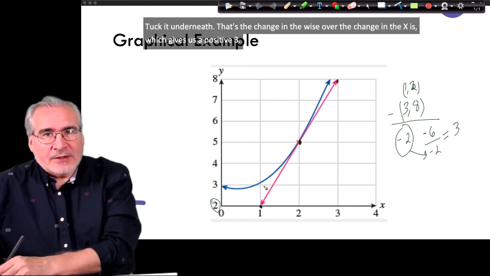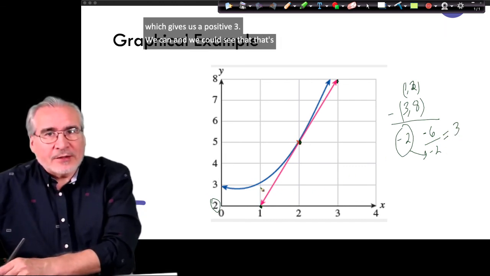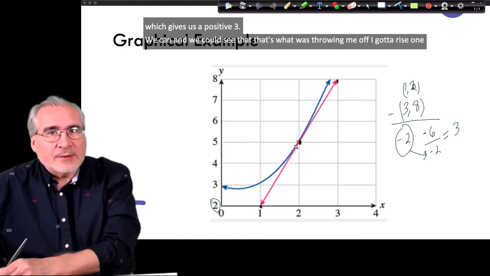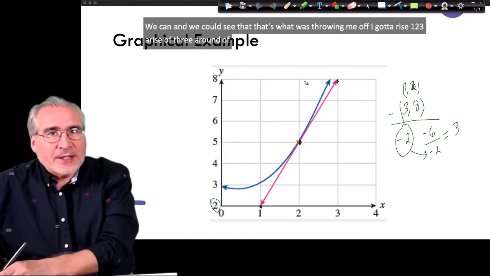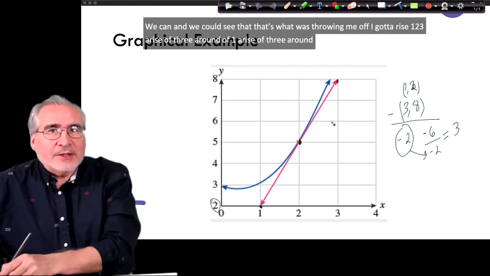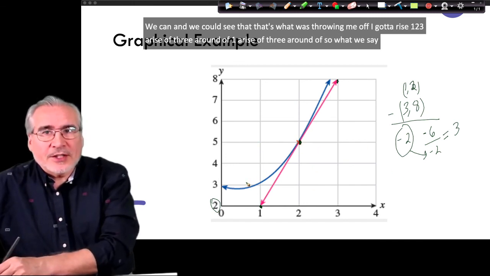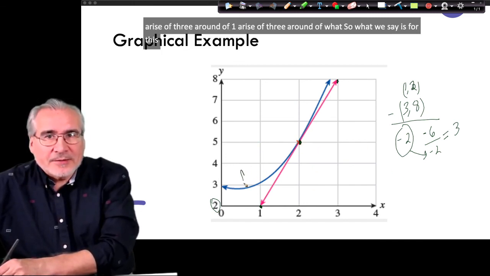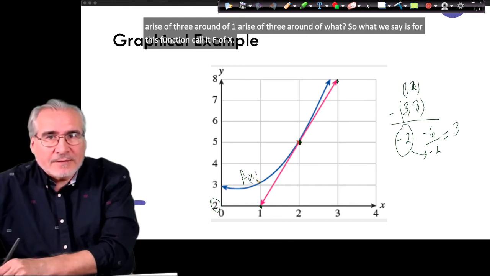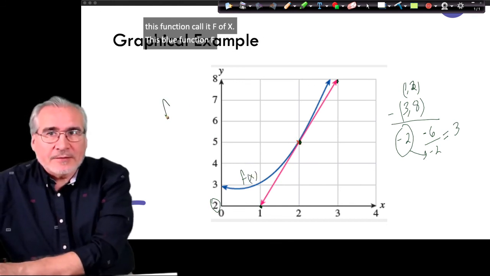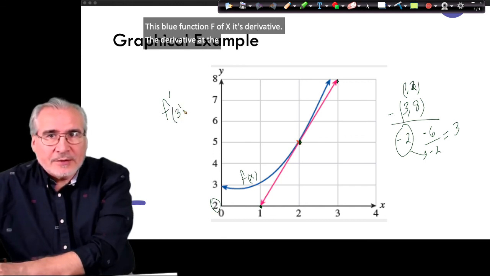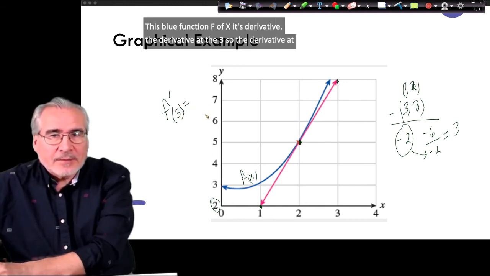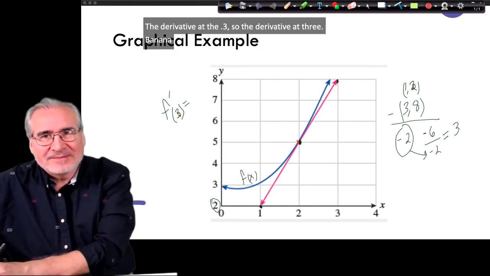And we can see that that's what was throwing me off. I got a rise 1, 2, 3, a rise of 3, a run of 1. So what we say is for this function, call it f of x, this blue function f of x, its derivative at the point, so the derivative at 3, not 3, at 2.